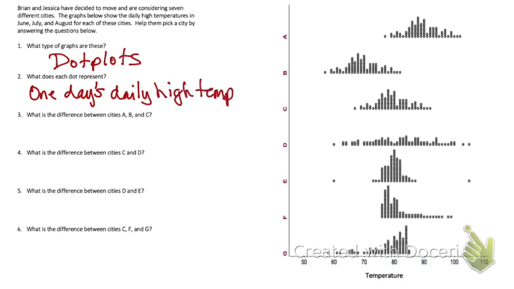Even the lowest dot on each of these graphs is not a low temperature. It is a daily high temperature of that amount. It just happens to be the lowest daily high for that city in those three months.